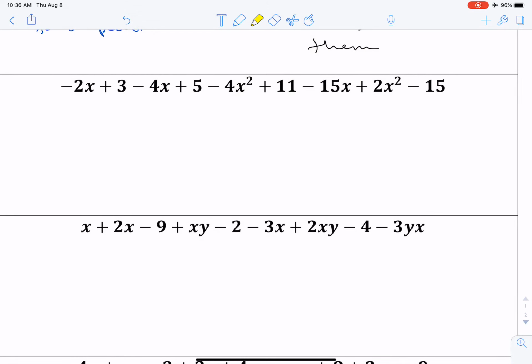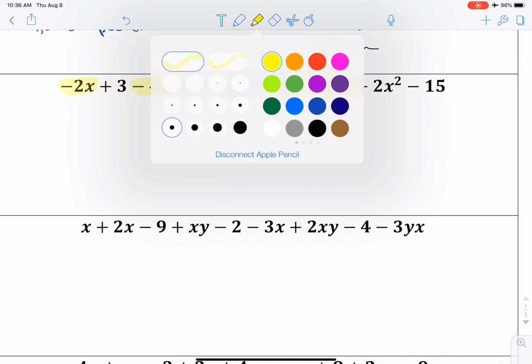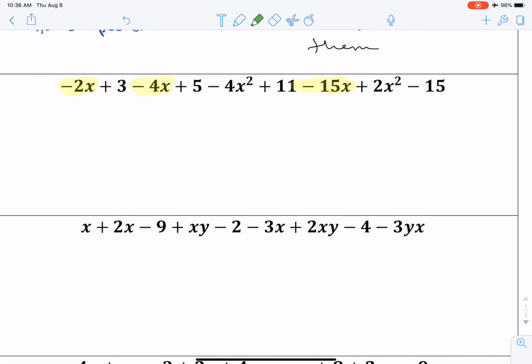So starting with the first term, I have a negative 2x. So to find a like term, we're going to find any term that has an x with it. The number in front does not matter. So the negative 4x is a like term, and the negative 15x. Next, we're going to find all the like terms of 3.